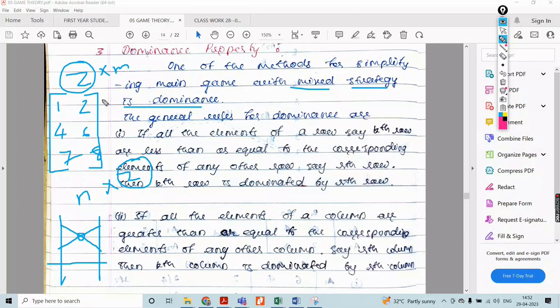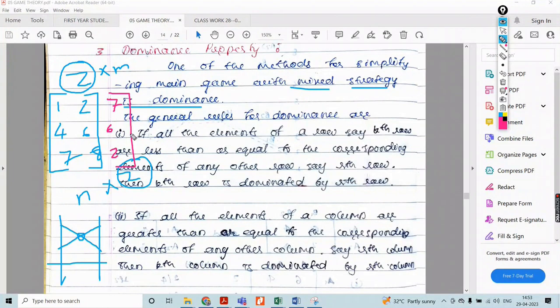If you take an example, 7, 6, 2, now I have done 3 cross 3. Is the graphical method possible to use here? A third axis will come. Use your chat box, you can reply.